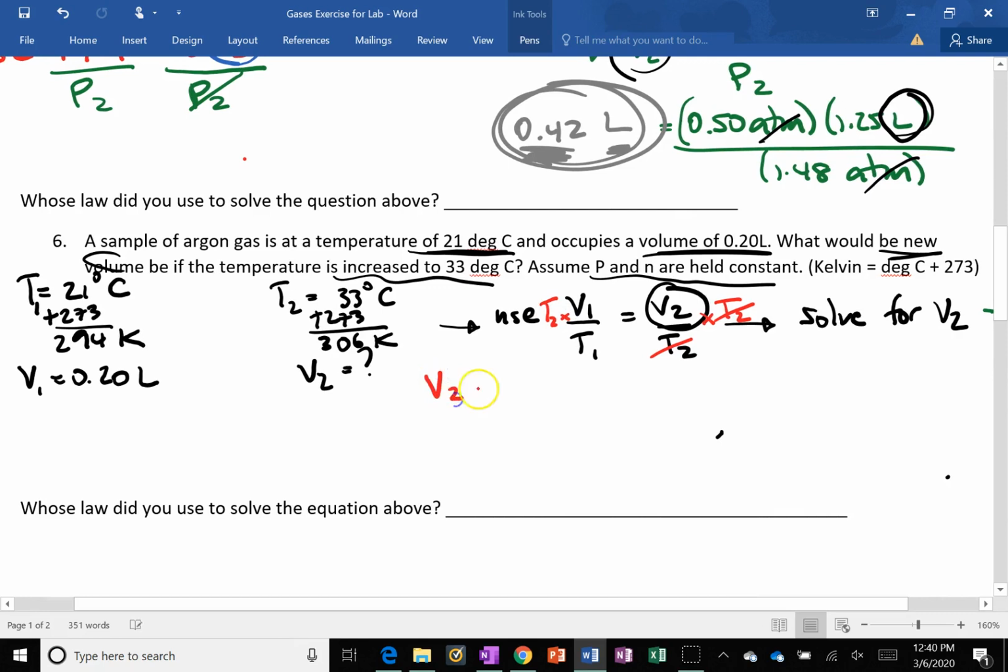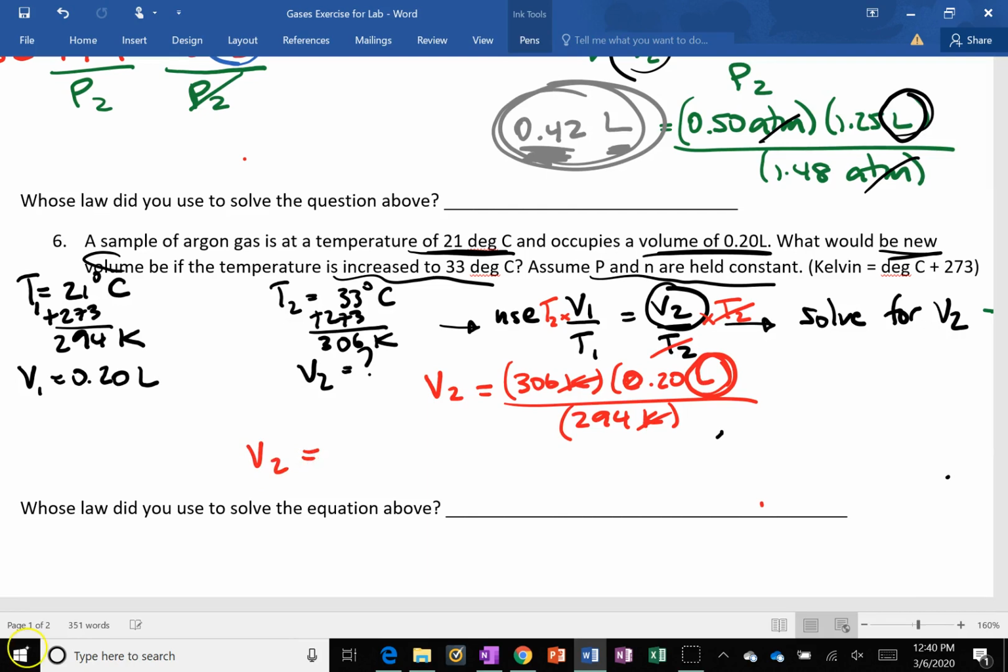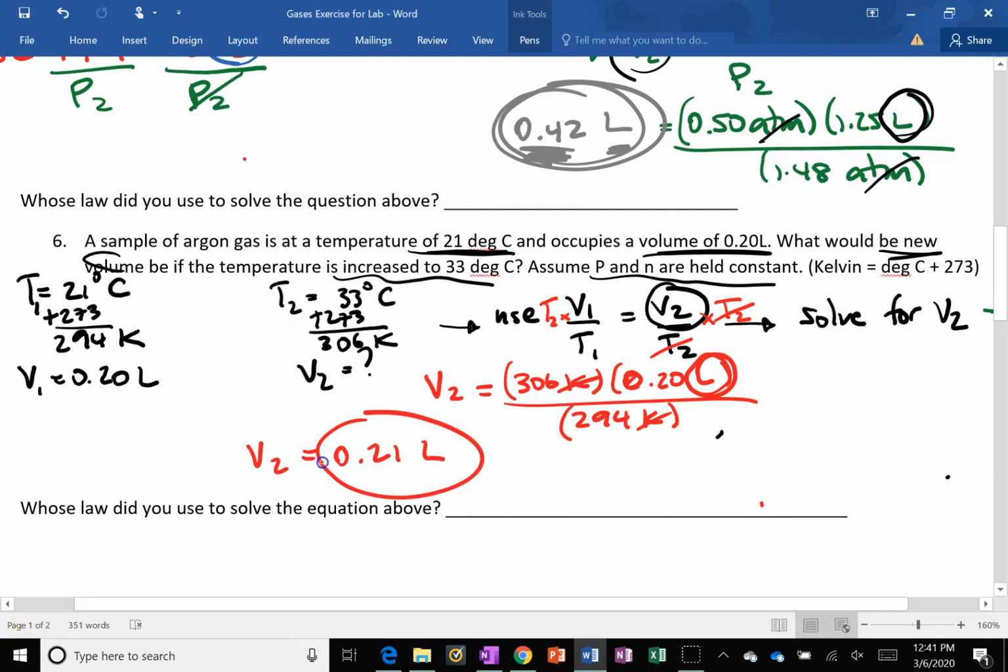So our V2 would be equal to our T2, which is 306 Kelvin, times V1, which is 0.20 liters, divided by T1, which is 294 Kelvin. So kelvins go away, we end up with liters as the unit. That makes sense. I'm trying to find volume, so stick that in your calculator, and it gives 0.21 liters, right?